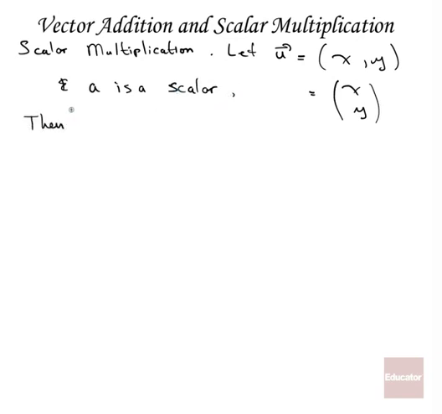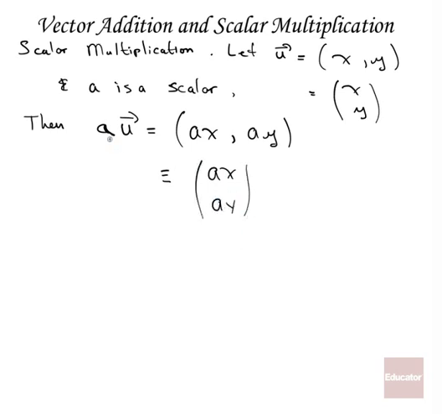Then a times u is equal to a times x, a times y, written as a column. All I'm doing is taking the scalar a and multiplying it by every entry in the vector itself.